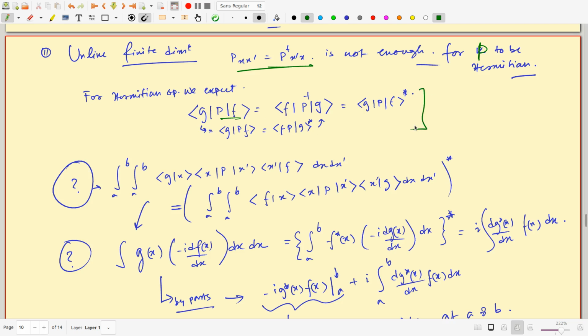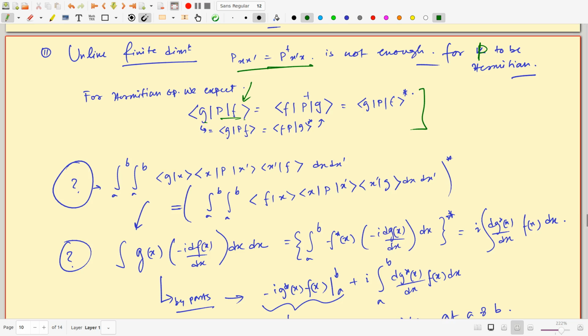So it turns out, as I'll show you, that this hermiticity doesn't guarantee that this guy is basically the star of this guy. So this is a number. If I put a star on this, this is basically <f|P dagger|g>.